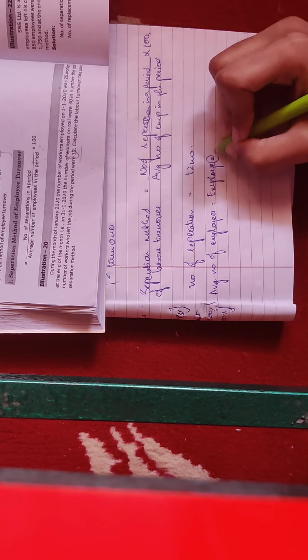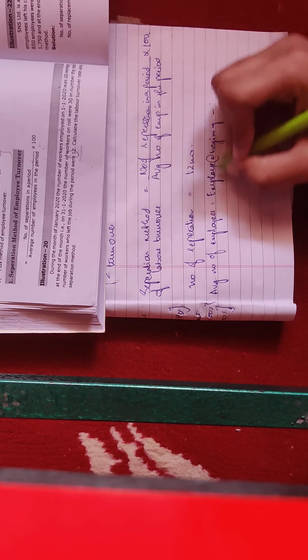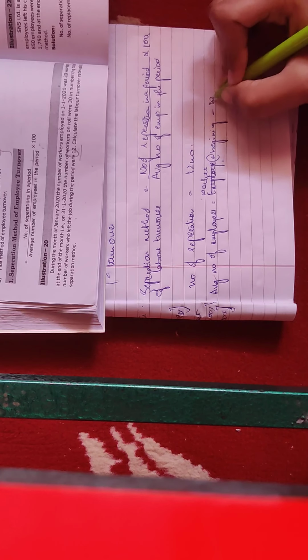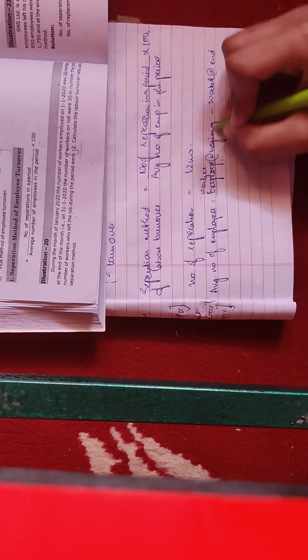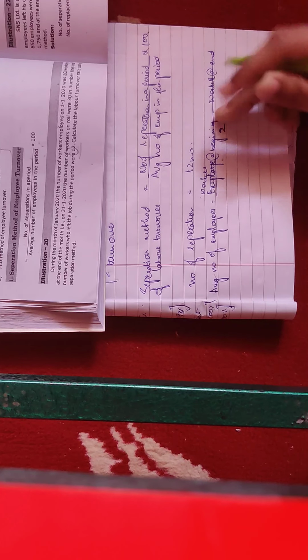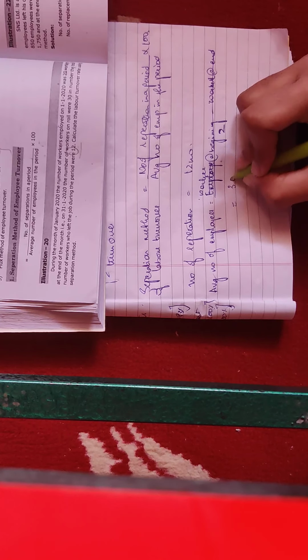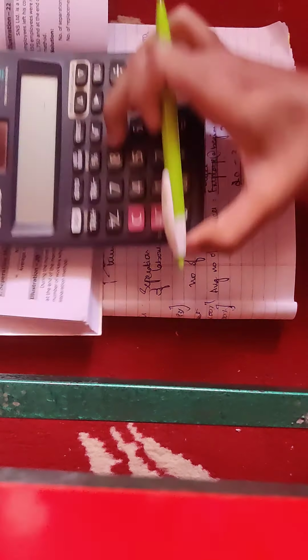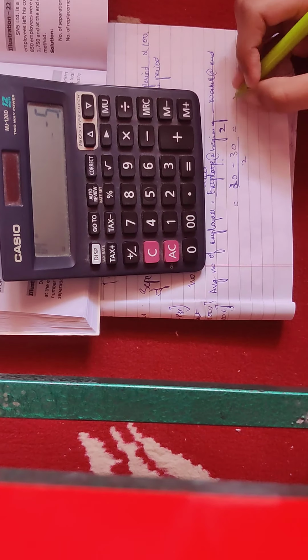Workers at the beginning and workers at the end are divided by the average, and the average is always 2, right? So 20 and 30 divided by 2.